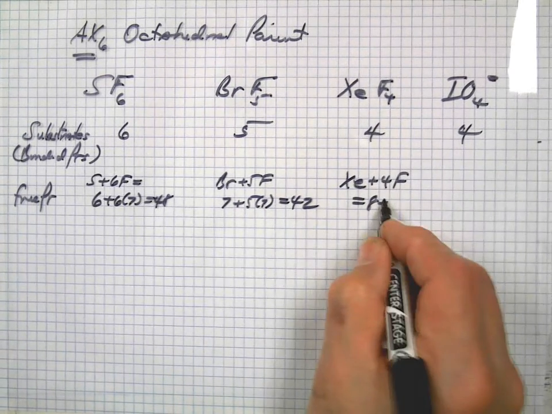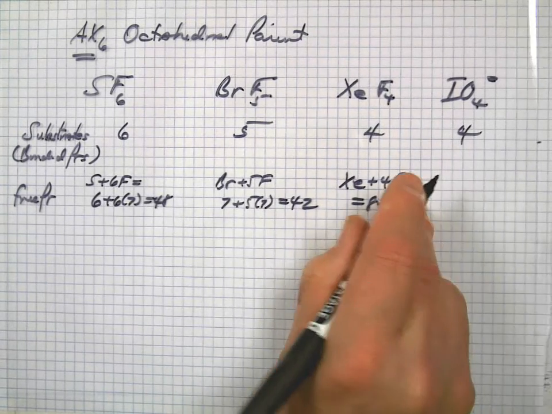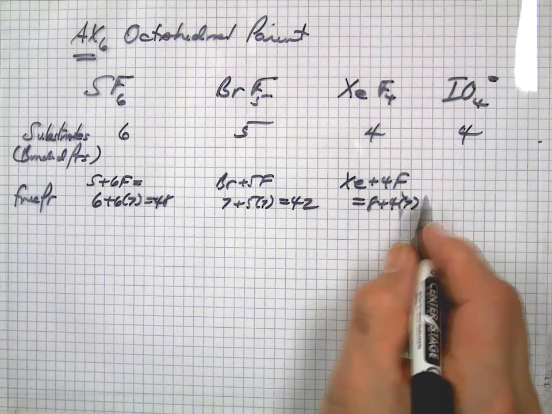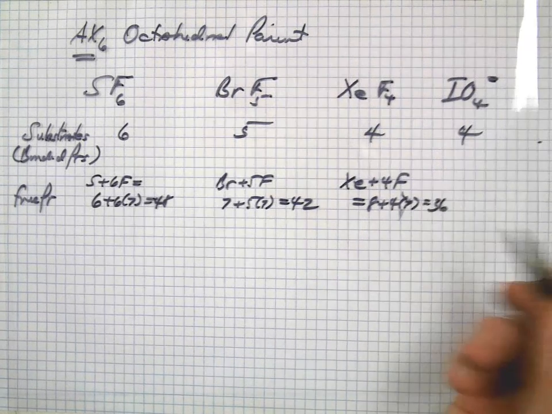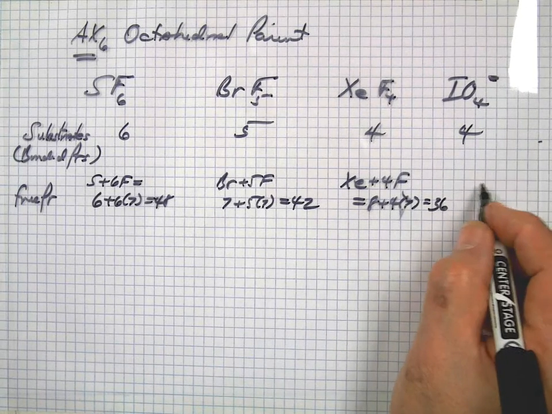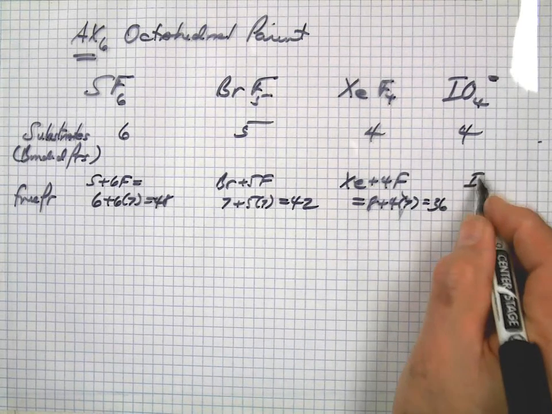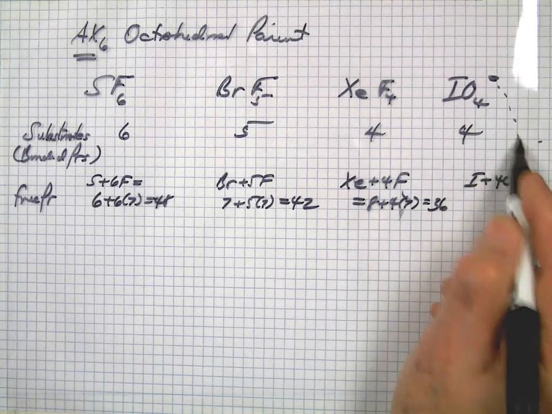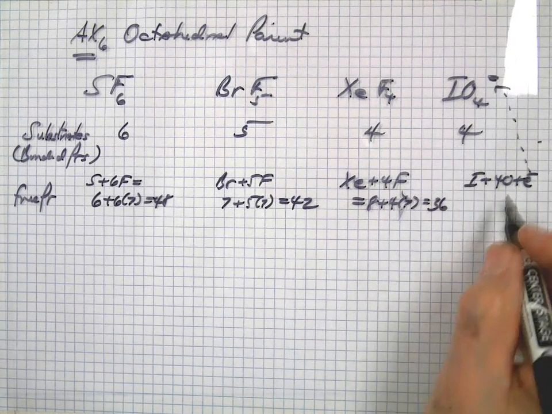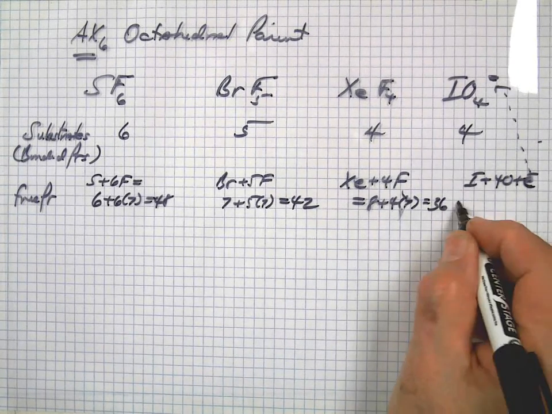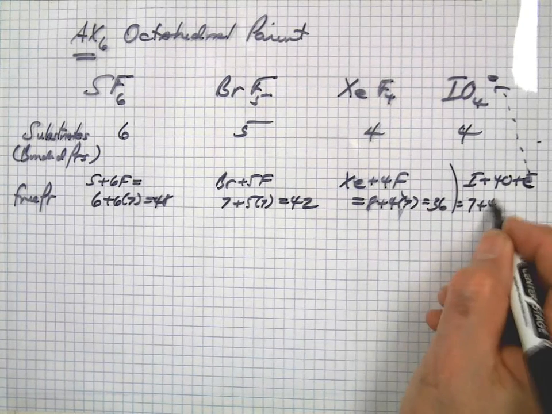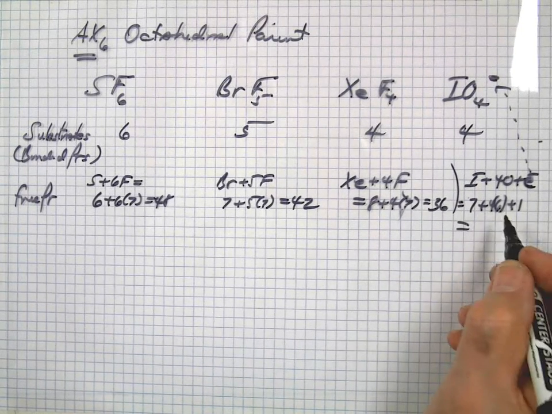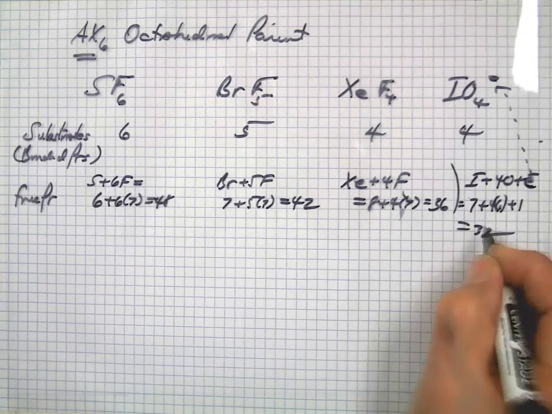So that's 8 plus 4 times 7, 36. And this would be IO4: iodine plus 4 oxygens plus an electron because of the negative in here. That's an electron right there. That's 7 plus 4 times 6 plus 1, that gives us 32. Okay.